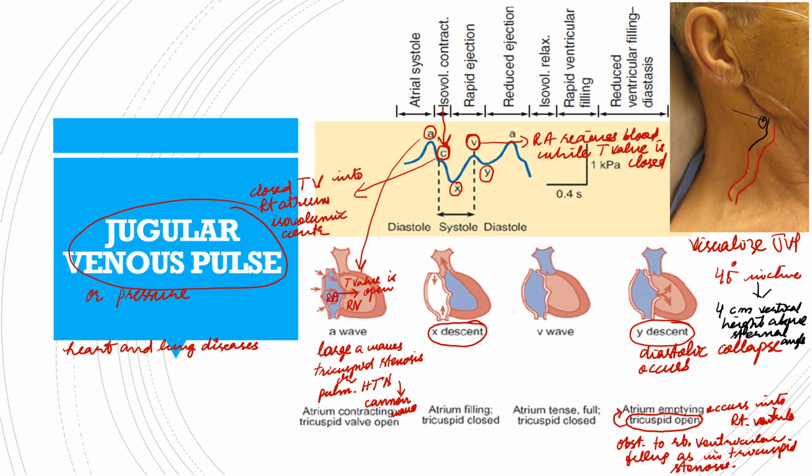How is this jugular venous pulse differentiated from the carotid pulse?